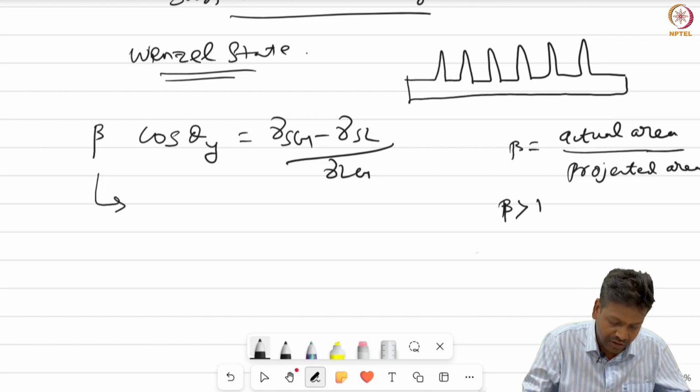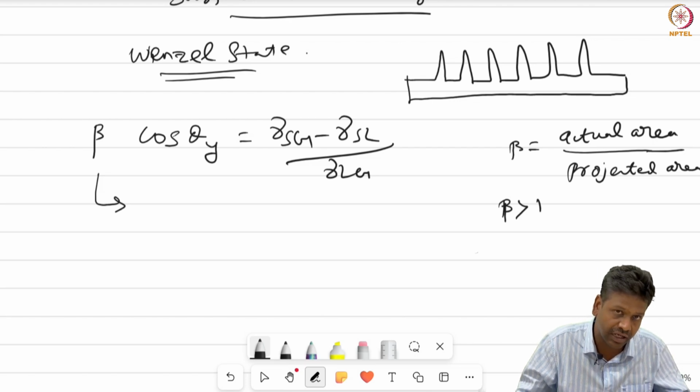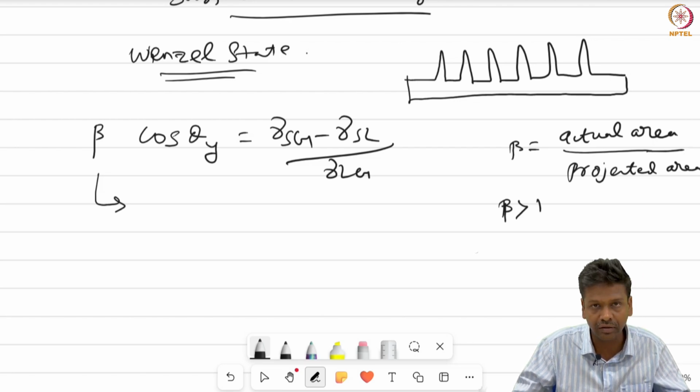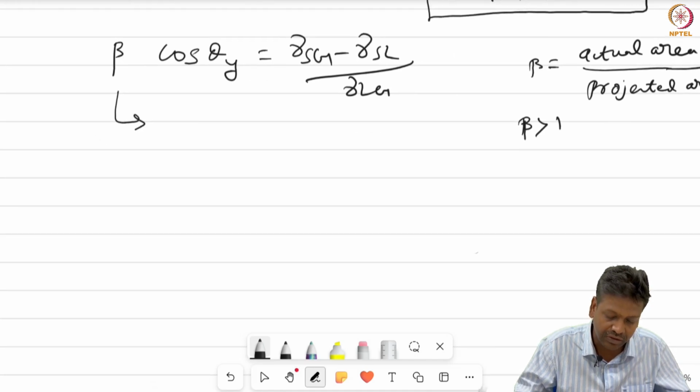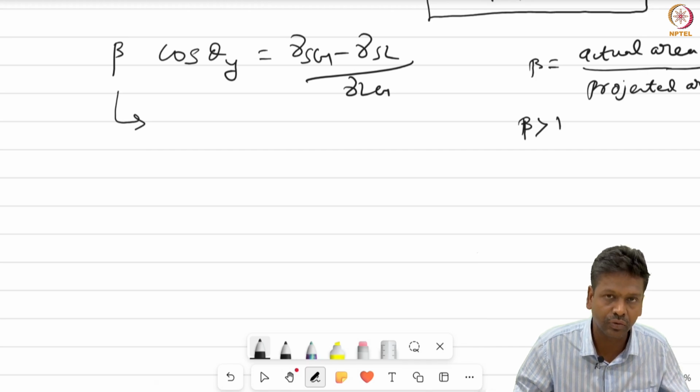So these modifications help us revisit the Young-Dupré equation and use the modified equation derived from the Young-Dupré, depending on the situations we deal with, right? So these are some deviations that we have seen so far.